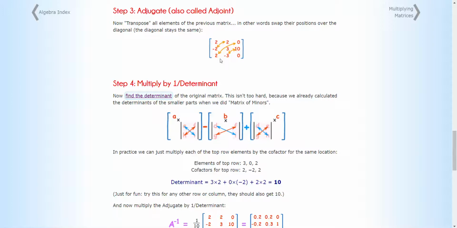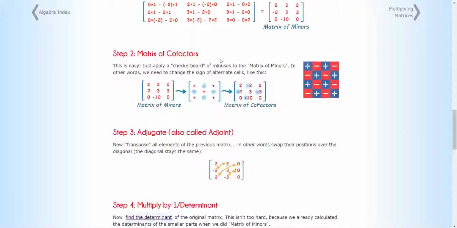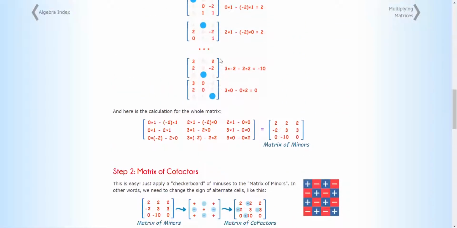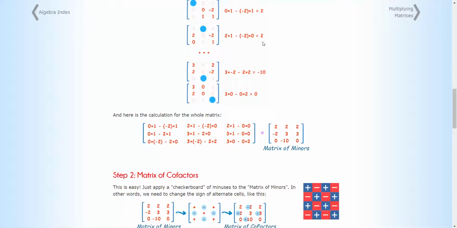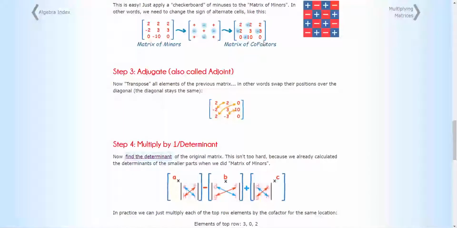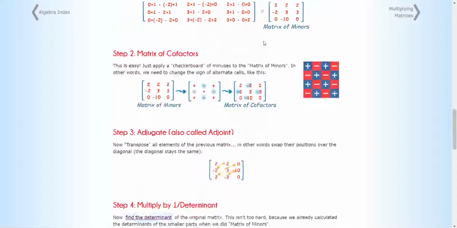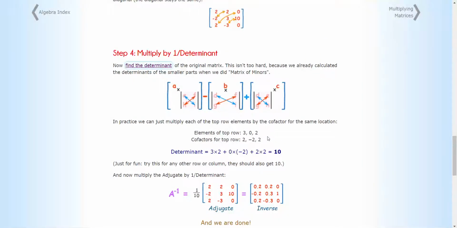So what is he doing here? So he calculated this is a 2, and then we have another 2. So it's 2, 2. We have the first row, so 2 multiplied by the first row.